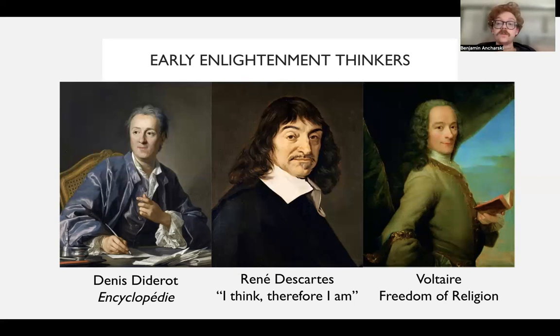Voltaire famously on his deathbed was given the possibility to convert to Catholicism, but he essentially said, no, thank you. I don't want to make enemies with God, basically. Yeah, so that's Voltaire right there. He used to drink like 50 cups of coffee every day.